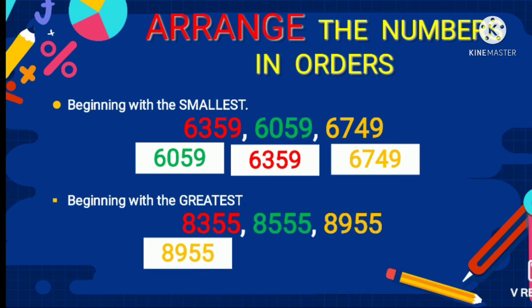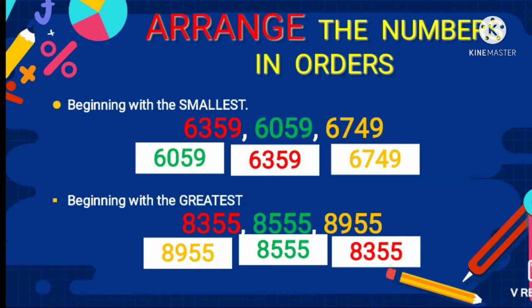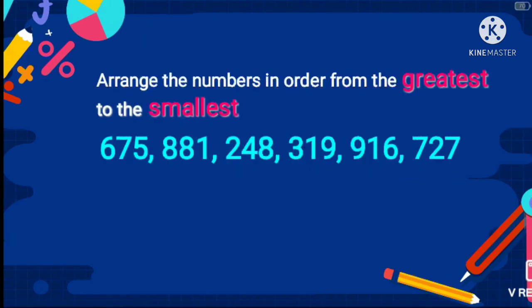So 8,995. Continue with 5 or 3. Yes, 5. So 8,555. And the smallest will be 8,355.